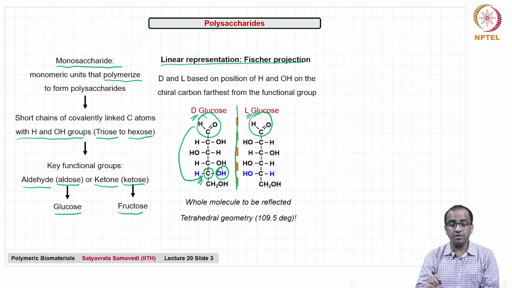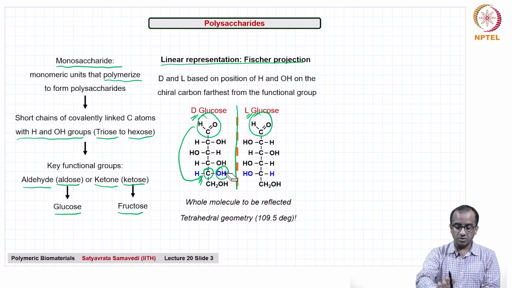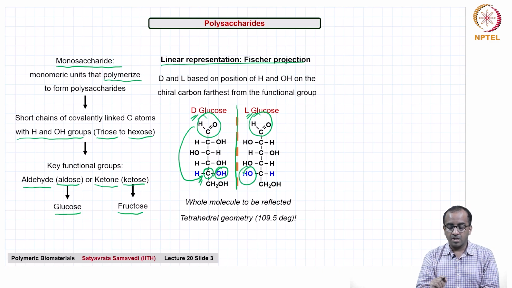This is the chiral carbon, and as we have already seen, the placement of groups on the chiral carbon make a difference between the isomers. So, the D isomer is one that is associated with the hydroxyl group on the right hand side, and the L isomer is associated with the hydroxyl group being placed on the other side. And it so happens that the D isomer is favored in nature.